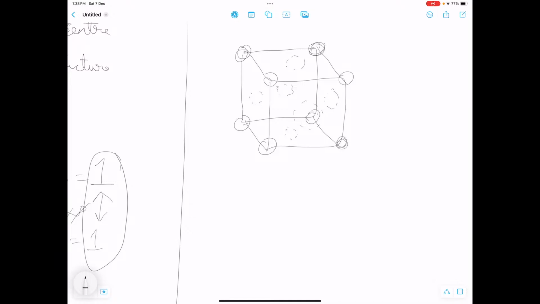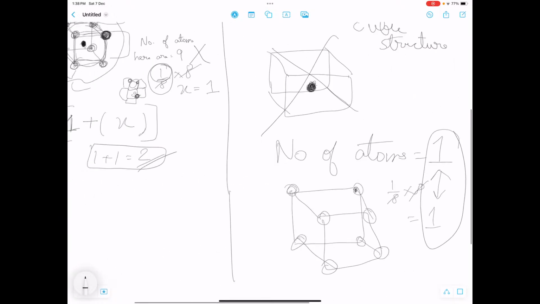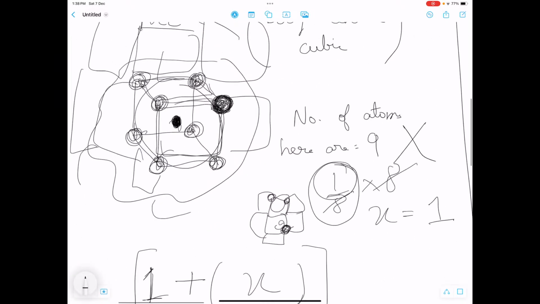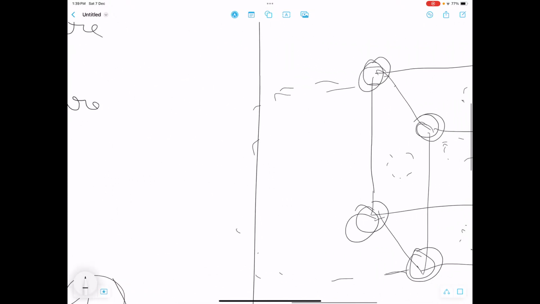We know that these atoms make a whole one plus. Now, the atom on every face is being shared with one more cube, only one this time because it's a face. Previously it was being shared with 7 other cubes because it was at the corner. Now only one more cube is being shared with this.